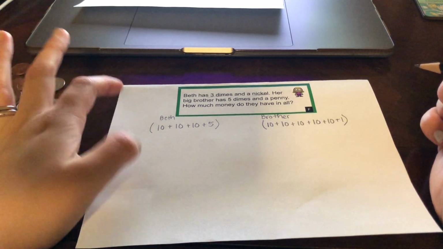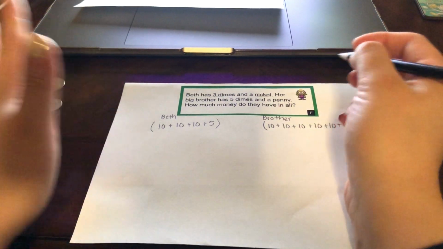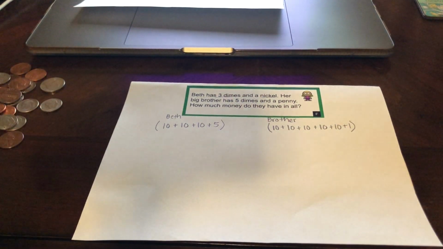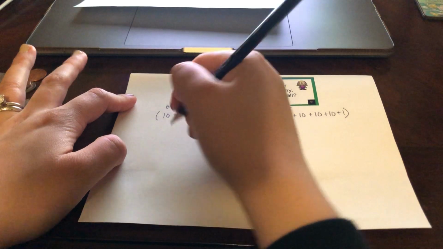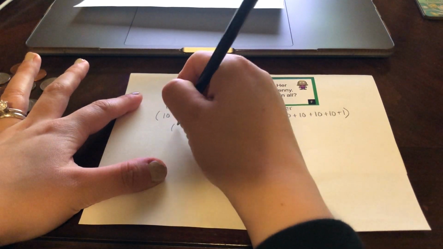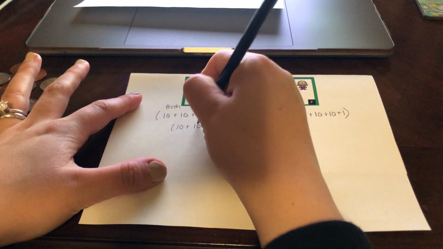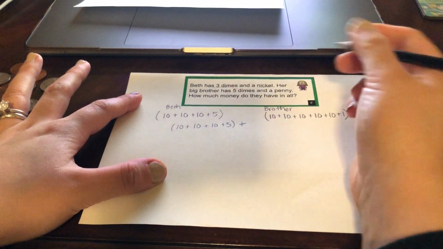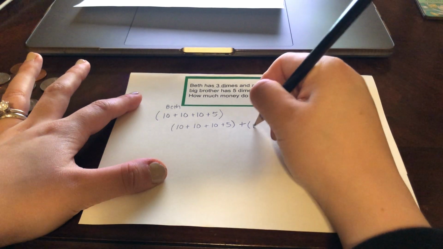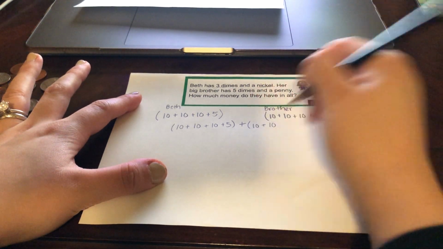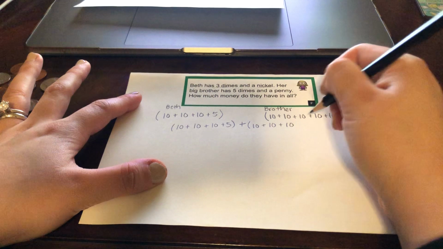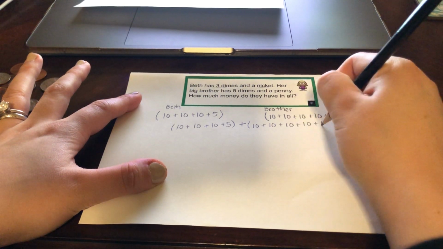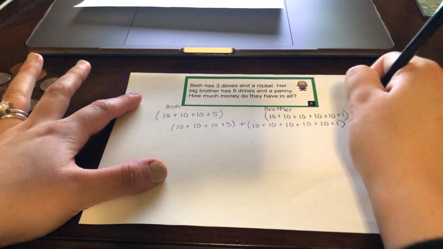So how much money do they have in all? I know when I need to find something that says how much money do they have in all, I know that I'm adding together to find my total. So I'm going to make an equation that represents that. So I'm going to keep the parentheses, and I'm going to do 10 plus 10 plus 10 plus 5 plus, in the middle of that parentheses, 10 plus 10 plus 10 plus 10 plus 10 plus 1 equals.